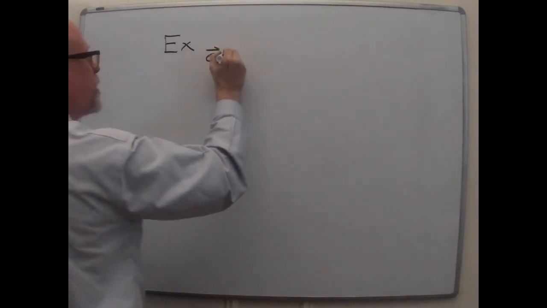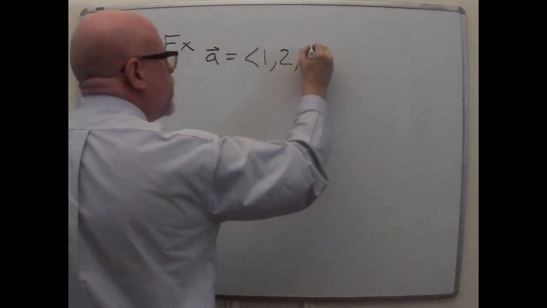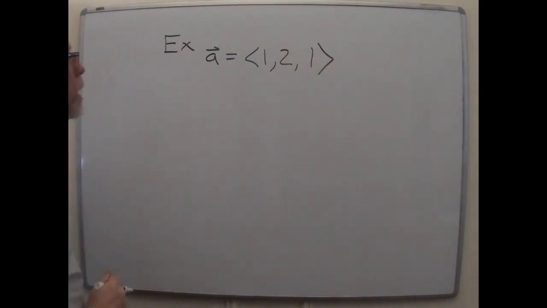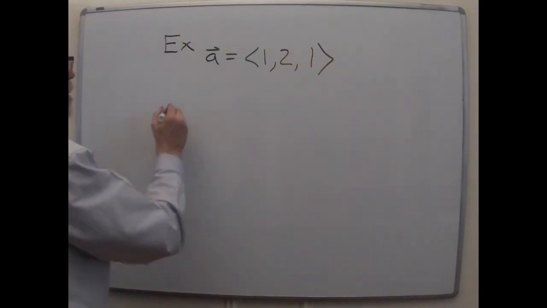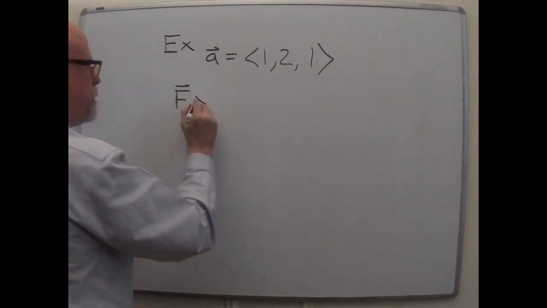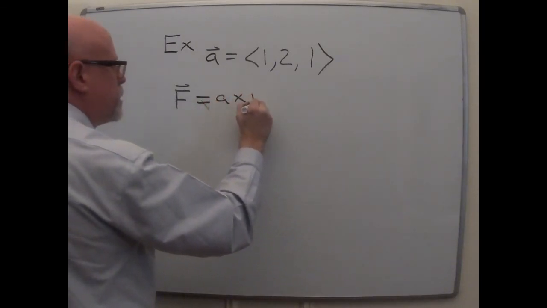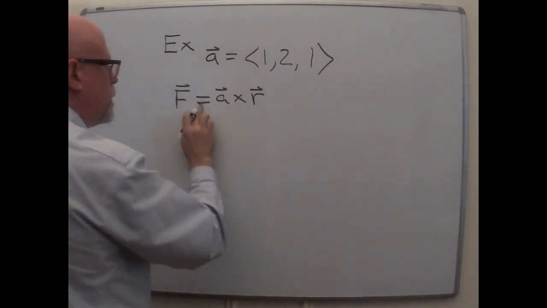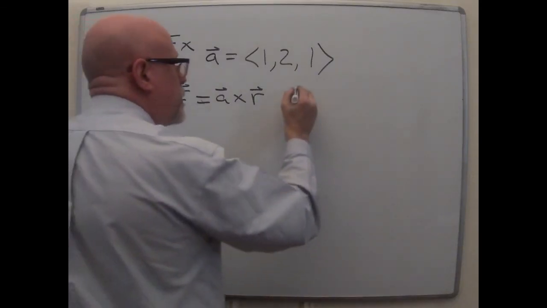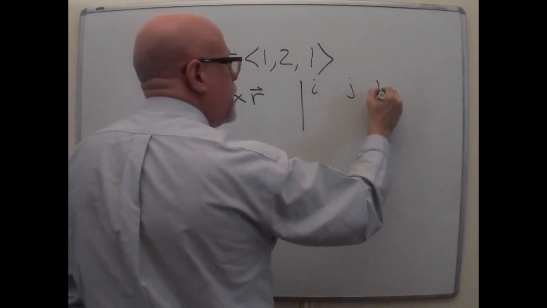Let's just do this with an example, I suppose. Suppose A is the vector 1, 2, 1. Then a field that's got by looking at A cross R, we have to do that cross product calculation again.